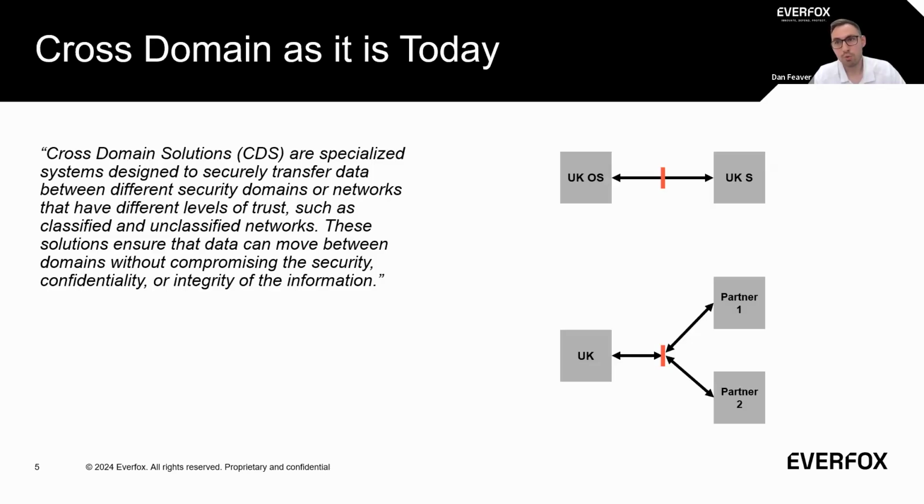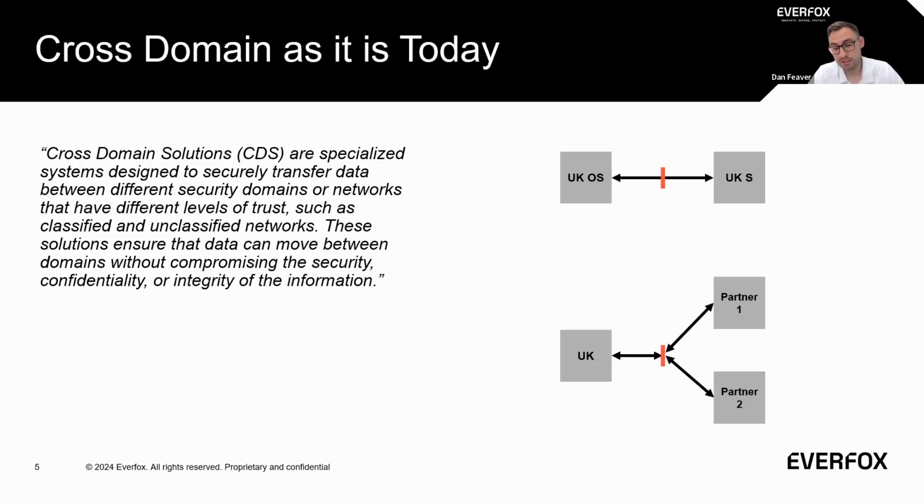So you want to ensure that the data that's being exported out of that network is allowed to leave. And there are things you can do with cross-domain solutions to ensure that the data can leave, such as label checks and also validation on the data that's being sent out.